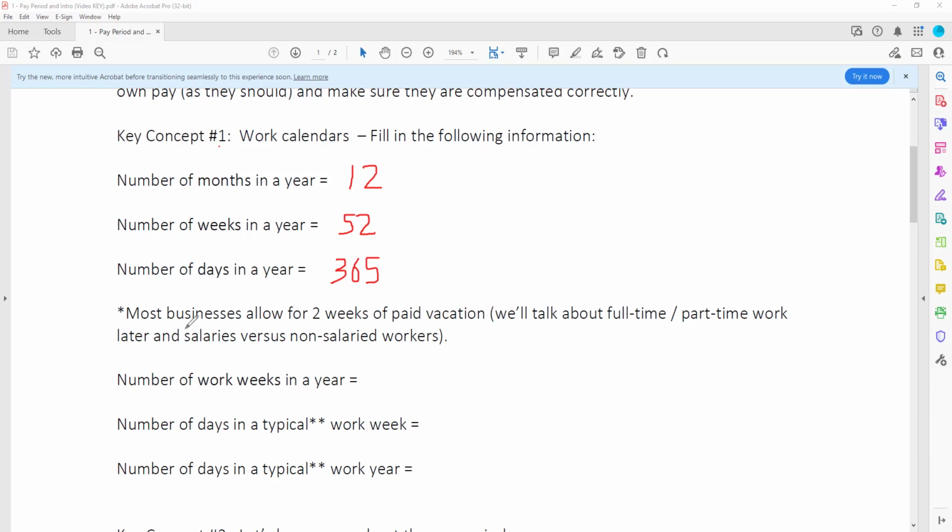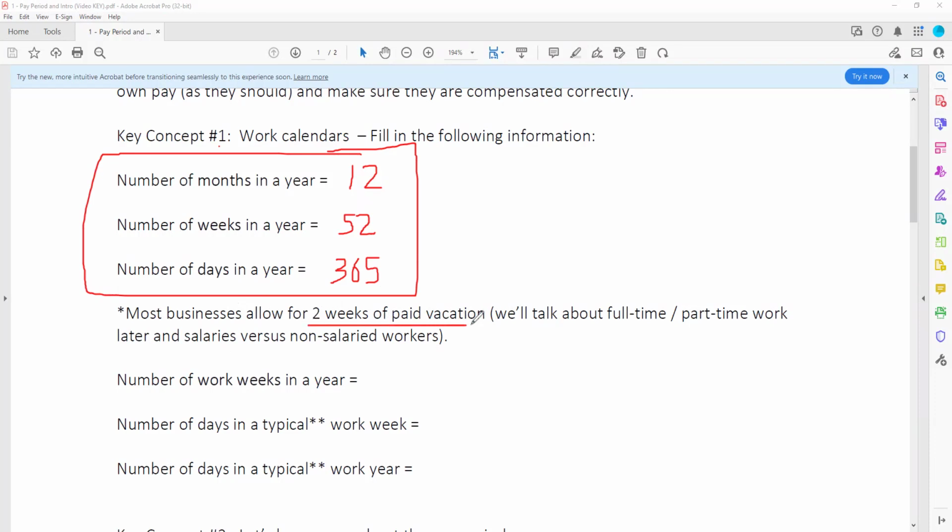One thing I wanted to highlight here is kind of the big thing to keep in mind. In most businesses, when you are salaried, you get 2 weeks of paid vacation. There is the idea of full-time versus part-time work and salaried versus non-salaried, but in general you will get 2 weeks of paid vacation.